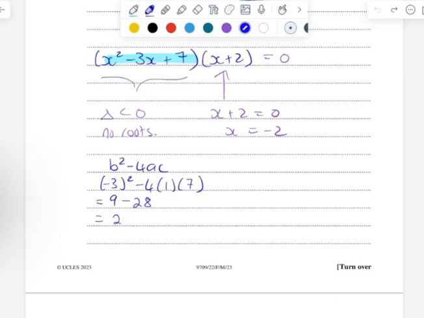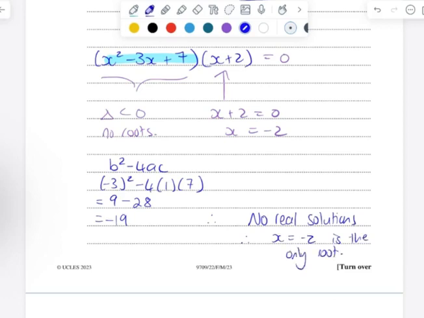Okay, oh, 29. Okay, negative 19. Therefore, no real solutions. Therefore, x equal to minus 2 is the only root.